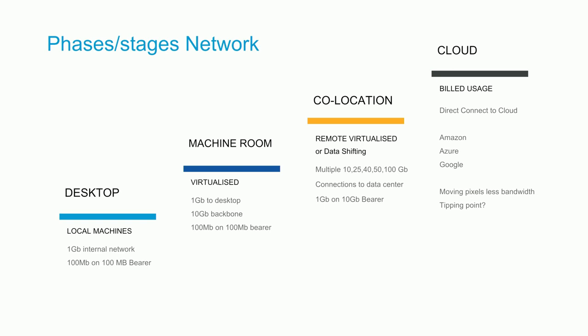The next one on from that is cloud. And that's where the tipping point really starts to come in. Because I'm now no longer shipping data. So here I might have multiple connections of 10, 40, 50, 100 gig from my office to a data center location where I'm still loading data across that network.